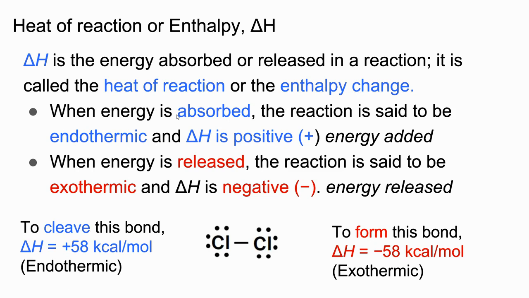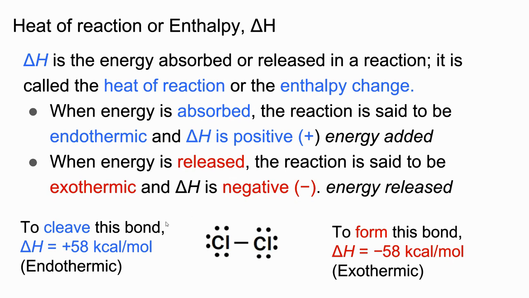So that's something that if you do the reaction, it gets cold. So have you ever felt one of those ice packs that gets cold? That's an endothermic reaction. The energy is coming from the environment and going into that reaction to make it happen. Okay. And then an exothermic reaction is when this delta H is negative and energy is released.